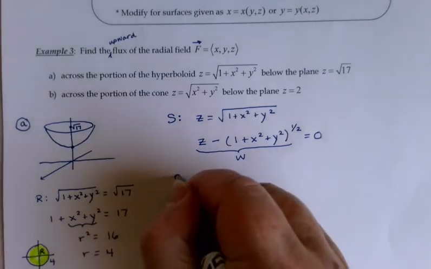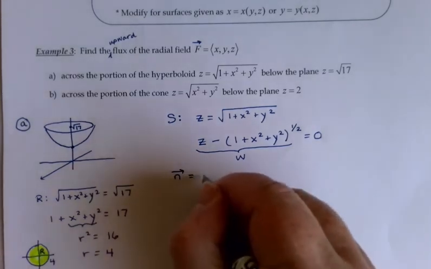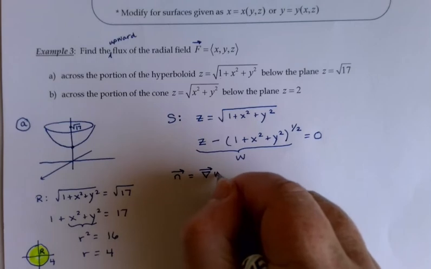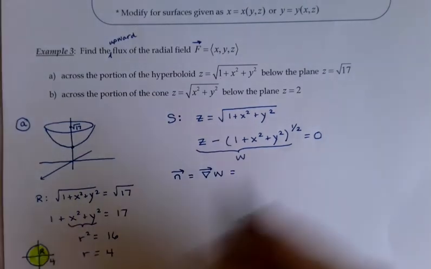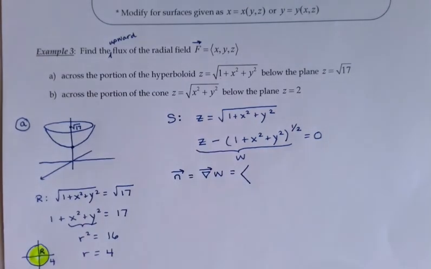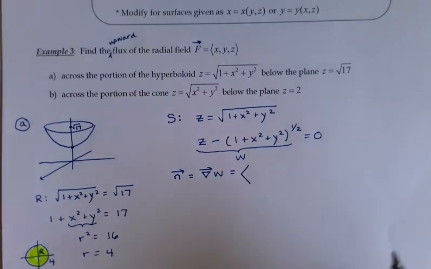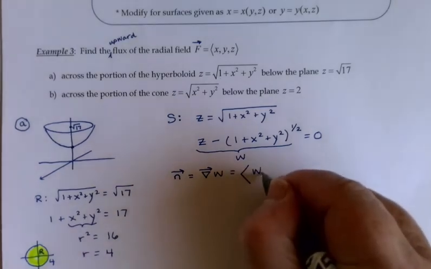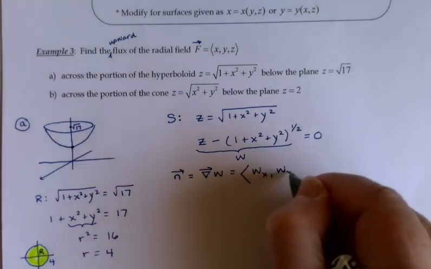That means I can now calculate my normal vector n as the gradient of W. And remember, the gradient is the derivative with respect to x, comma, derivative with respect to y, comma, derivative with respect to z. Let me just write that out this time. We haven't talked gradient for a little while.